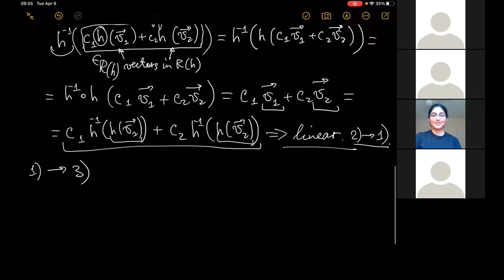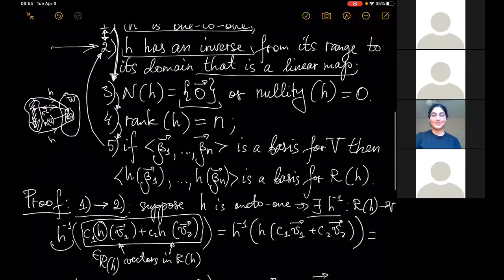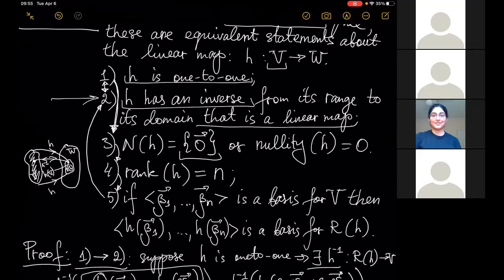So 1 to 3 holds. Any ideas why, if the homomorphism is 1 to 1, then the null space of the homomorphism is the trivial subspace? Could you tell me?